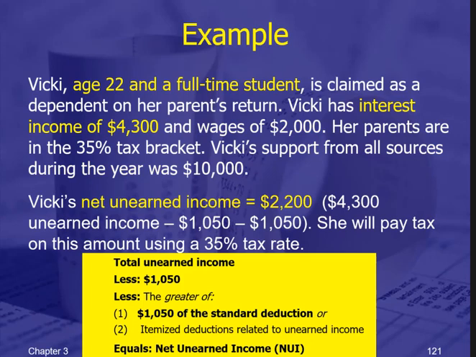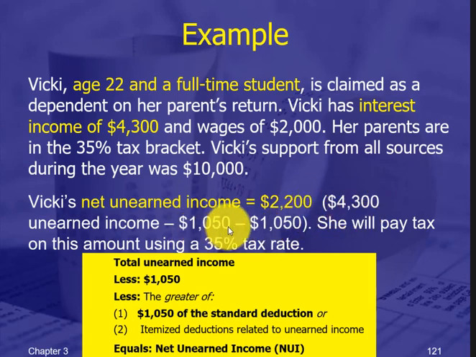Okay, so this is how you calculate that. So if you just look at this, wages is not going to be covered by the standard deduction, $350. Okay, above that, then she gets the rest of the unearned income.